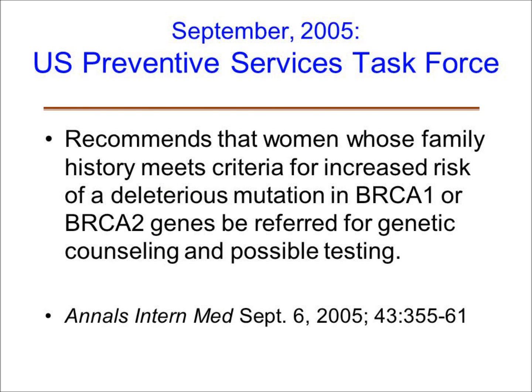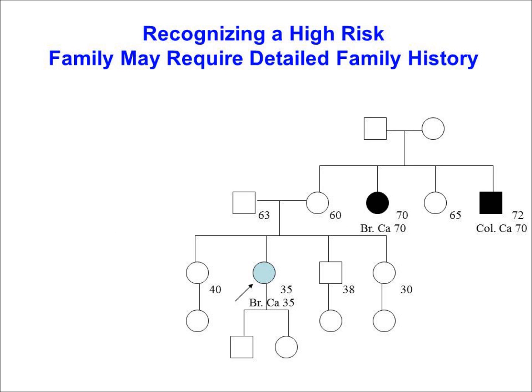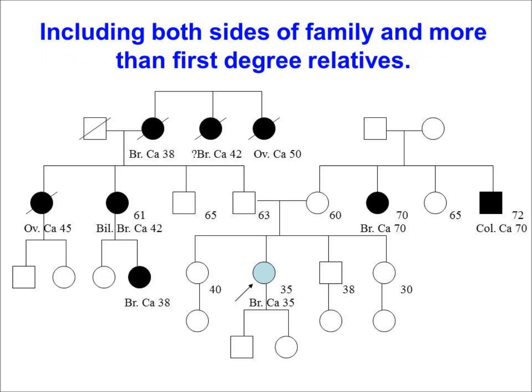For example, we've now got this U.S. Preventive Service Task Force recommendation that people whose family histories show increased risk of a hereditary breast and ovarian cancer ought to have something more done to delineate their risk and perhaps do extra preventive measures. So to recognize that type of hereditary cancer pattern, which will be present in maybe 1 out of 200 of your unselected general population patients, you need a more detailed family history.